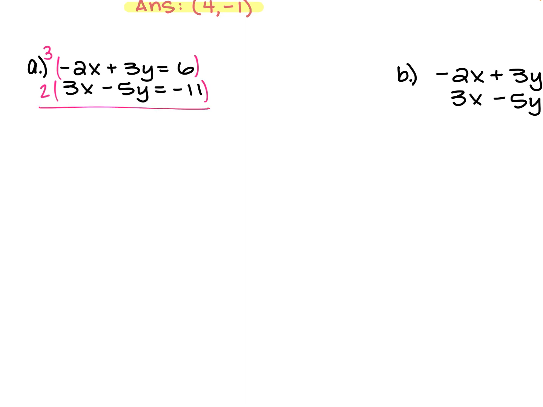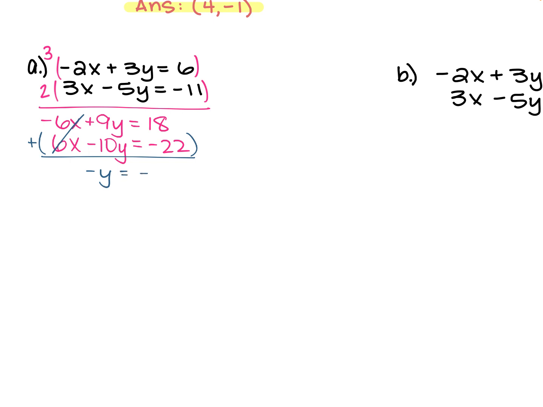This is going to give us -6x plus 9y is equal to 18, and positive 6x minus 10y is equal to -22. From here, we combine like terms by adding. Our 6x's cancel. We're left with -y is equal to -4. Divide each side by -1. This is going to give us y is equal to 4.